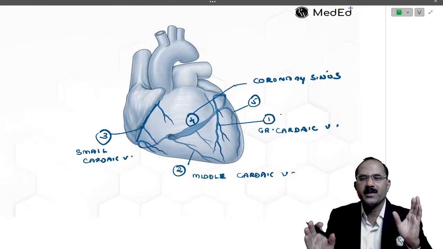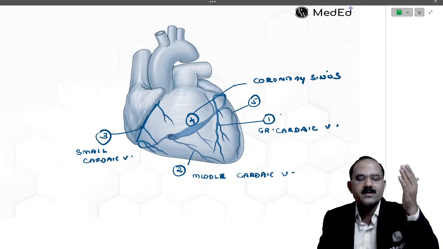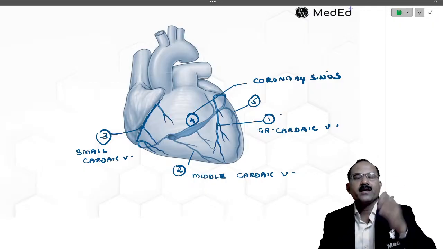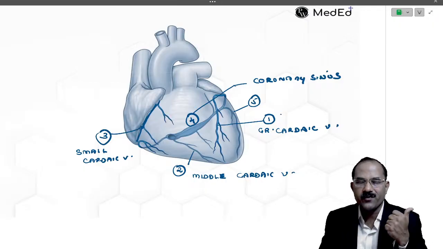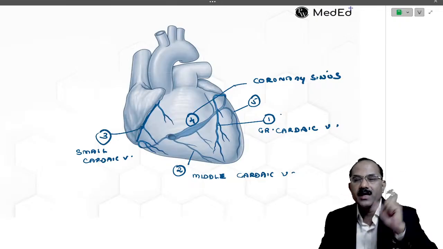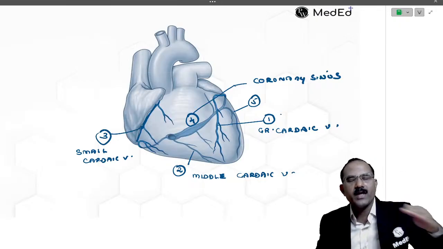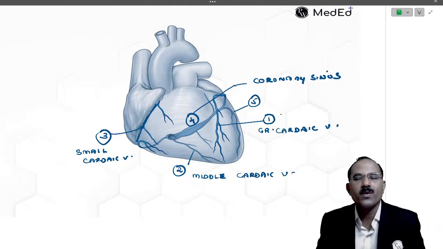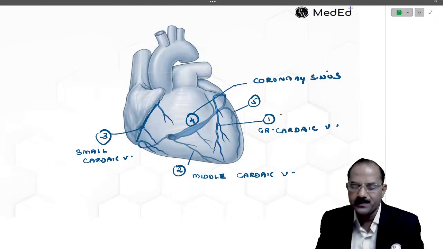The vein which the surgeon encounters in the posterior interventricular sulcus of the heart is the middle cardiac vein. In the anterior AV groove is the small cardiac vein. And the vein which the surgeon encounters in the posterior atrioventricular groove is the coronary sinus. Just remember this, this is a very important MCQ.